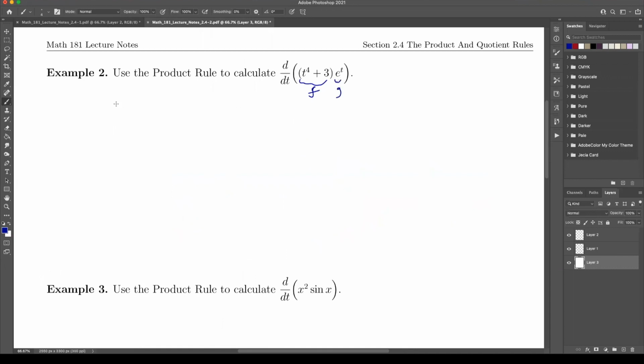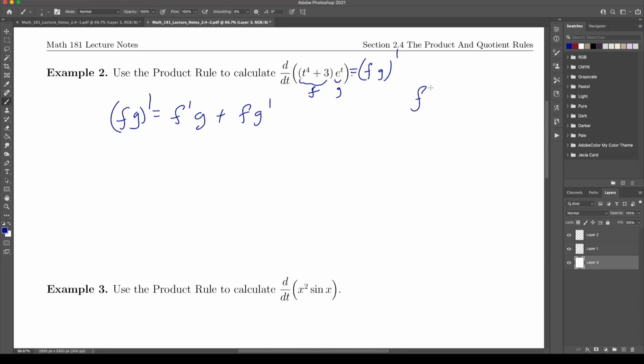And so the derivative of f g is equal to f prime g plus f g prime.